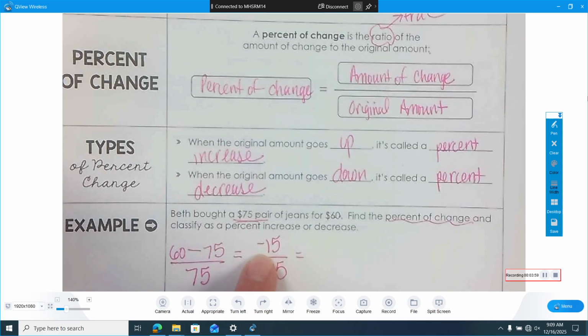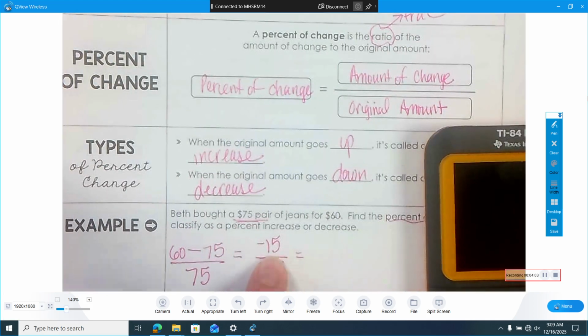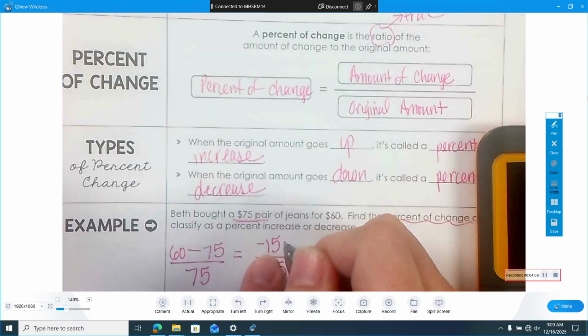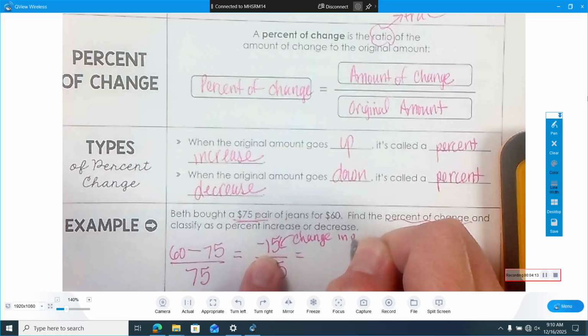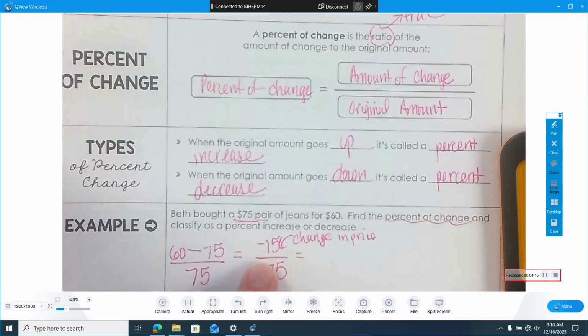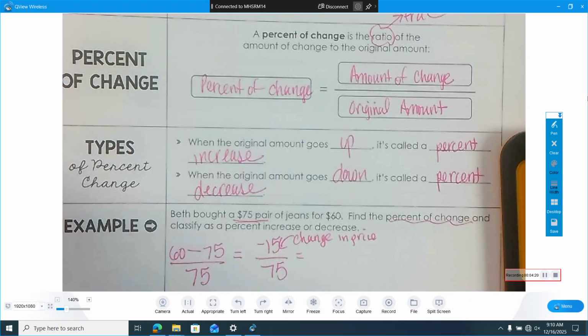That's why it's a decrease, like you guys thought. And then this 15, that's the change in the price, and that's what we're finding today. So that's why we have to subtract. So this represents the change in the price. So anytime we're trying to find a change in something, that is what we're looking for.